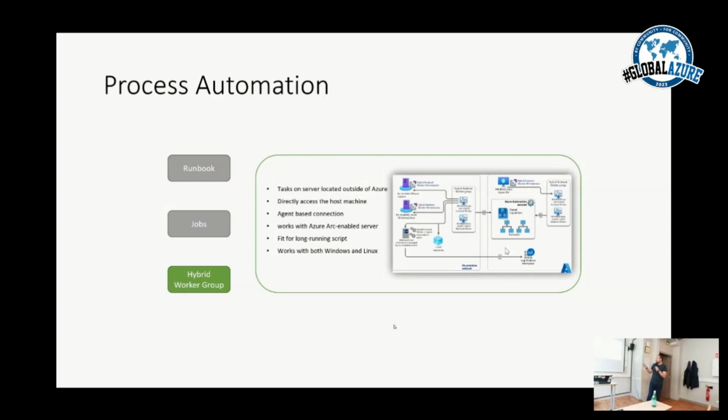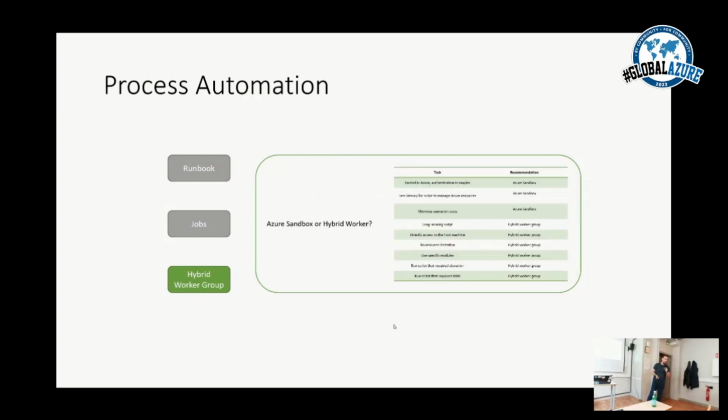But for that one, if you want to use your automation on your on-premise environment, you need to use Azure Arc enabled server. And you need to project your on-premise servers to the cloud first, and then easily you can install the extension, which is related to this agent, to your server and use your automation on your on-premise environment.